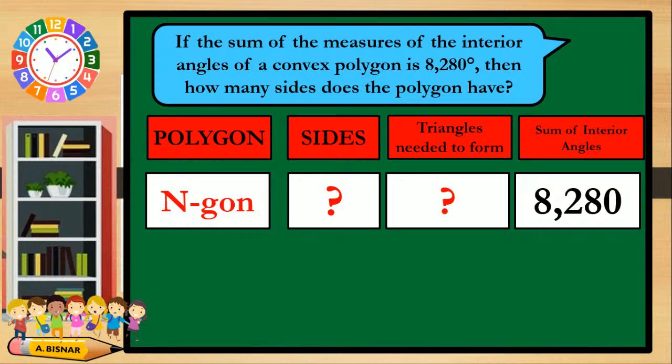8,280. What's the answer? Identify the number of sides and how many triangles are needed to form that polygon. Type your answers.